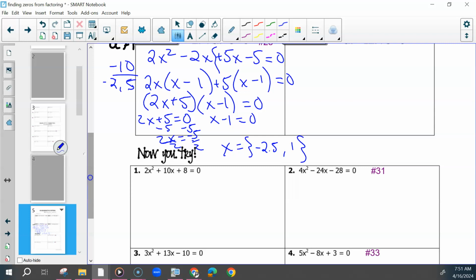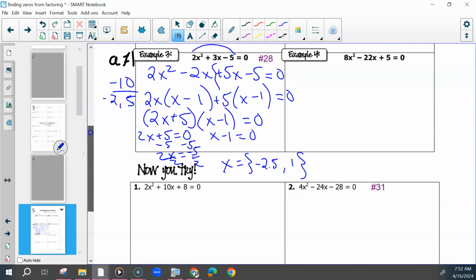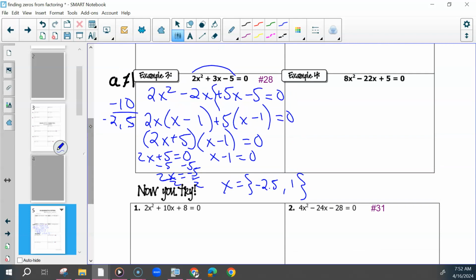What questions do we have on that? Any of that? We can't use a equals 1 because it doesn't. We can't use GCF because it doesn't have one. We can't use difference of squares because it's not a binomial. Look at some of your other problems.